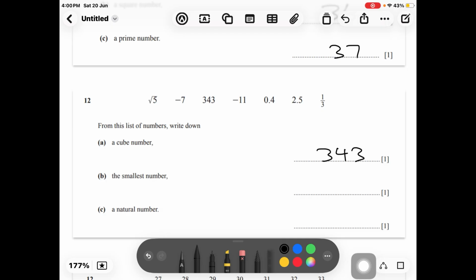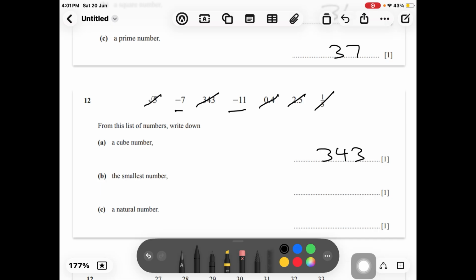Now we have to find the smallest number. 343 is obviously not the smallest number, so just cut that out. Root 5 is greater than negative 7 because the root of 5 is obviously positive. So we can cut that out. And because we have these negative numbers, we can cut out all the positive numbers. So 0.4 goes away, 2.5 goes away, and 1/3 goes away.